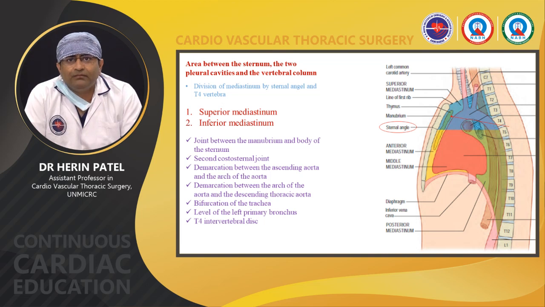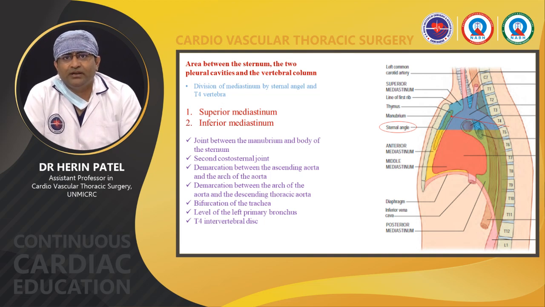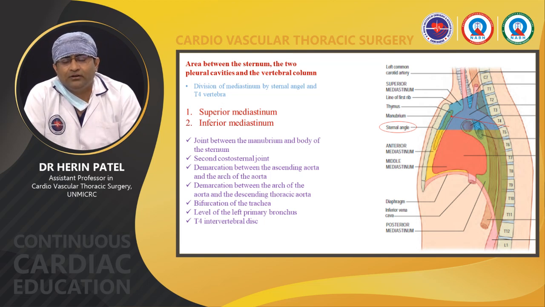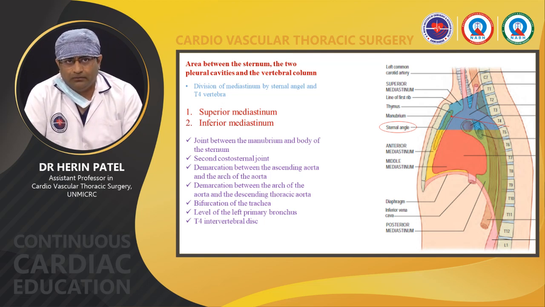This landmark is very important. Why? Because here are the structures which are located at this junction of the superior and inferior mediastinum. Most important, it is the junction of the second costosternal joint. As surgeons we need to know the exact anatomy and the count of the ribs while doing a thoracotomy, and the sternal angle is one of the landmarks which we count on.